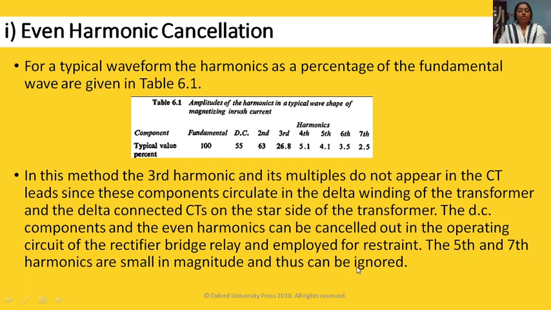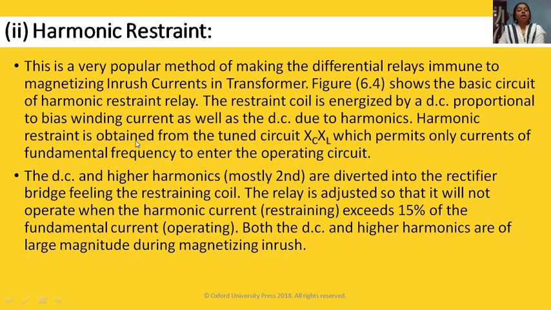Fifth and seventh harmonics are very small, so they can be ignored. So we use either this method or harmonic restraint. Generally we use harmonic restraint. This is a very popular method of making a differential relay immune to magnetizing inrush current in the transformer.